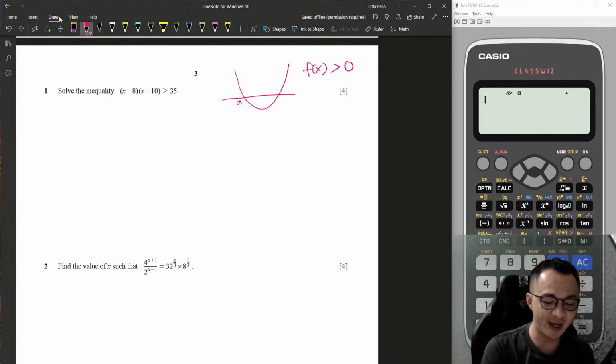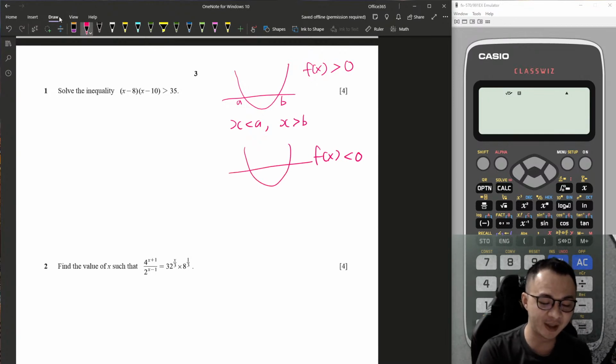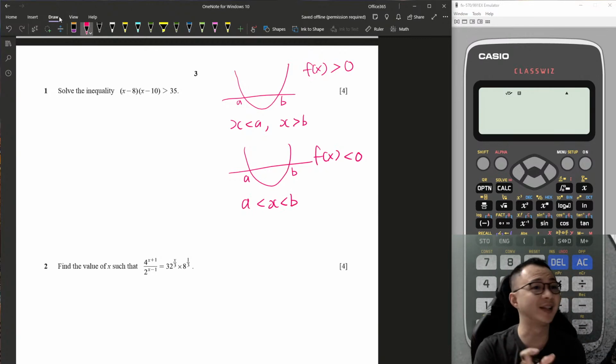Let's say I have a and b here. My x must be bigger than b or less than a. If my f(x) is less than 0, I will still have a positive quadratic graph. With the same values a and b, I will get x between a and b.